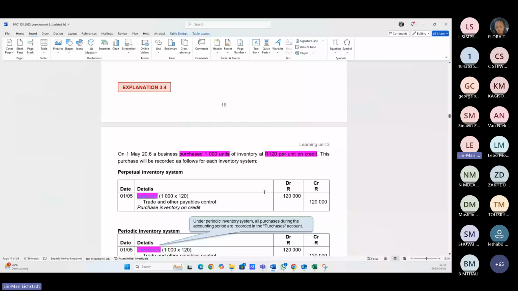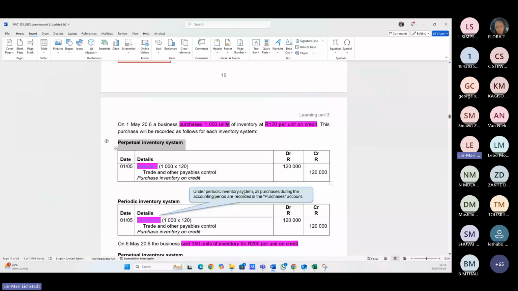Okay, so just to reiterate this example, on the 1st of May, a business purchased 1,000 units of inventory at 120 per unit on credit. This purchase will be recorded as follows. So we are debiting our inventory account, but this is the perpetual inventory system, right? So this is showing you the differences between the two inventory systems, just for everybody's benefit.